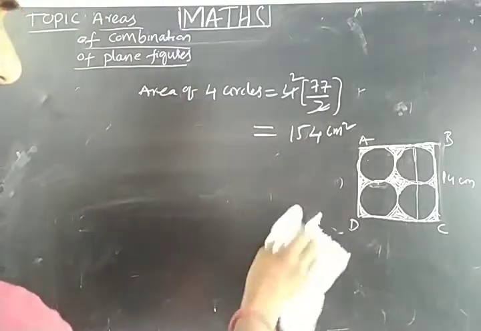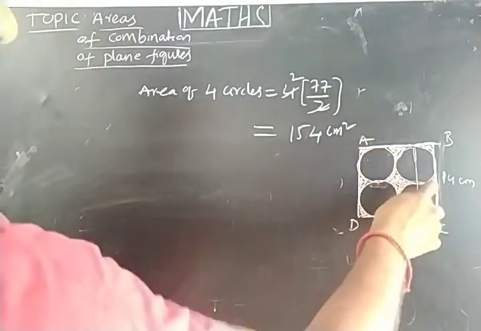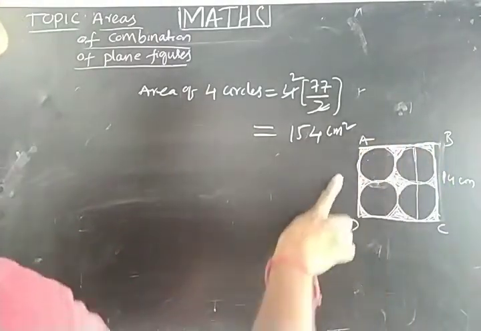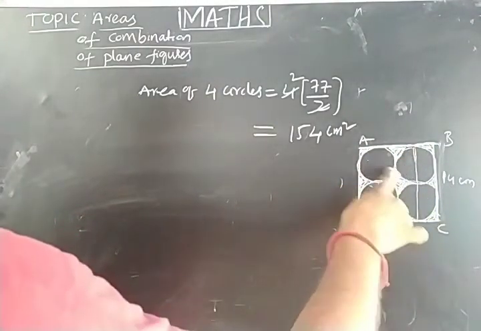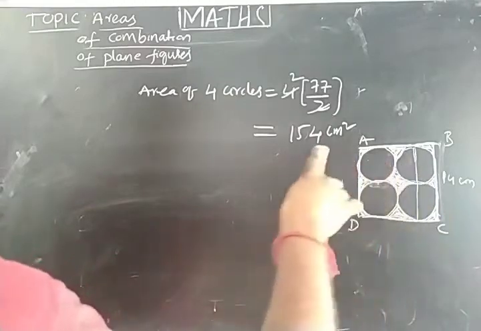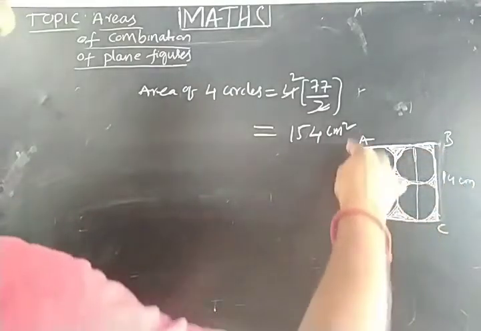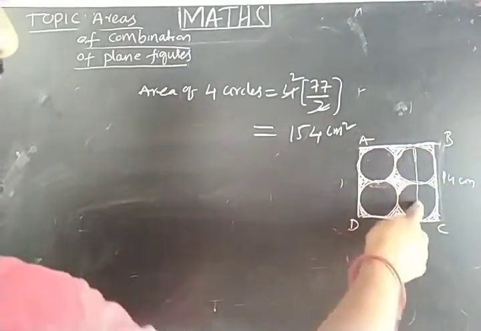Now I need the shaded region. From the total square area, already we got the total square area and the sum of the 4 circles area also. So from the area of the square I will subtract these 4 areas.